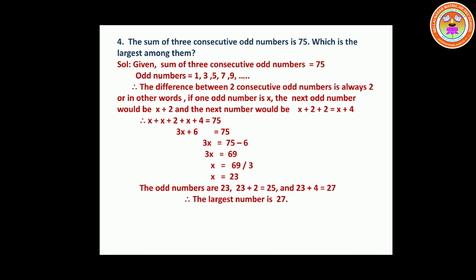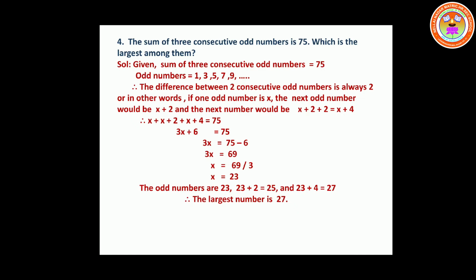Given: the sum of 3 consecutive odd numbers is equal to 75. We already know the odd numbers: 1, 3, 5, 7, and so on. Generally speaking, look at the odd numbers, 1, 3, 5, it goes on. The difference between 2 consecutive odd numbers is always 2.